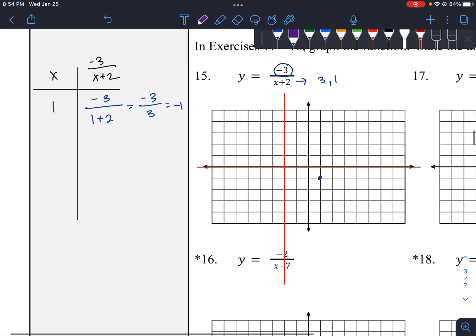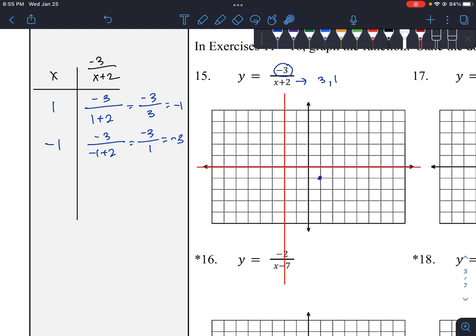So there you go. Now, another number that you might want to plug in could be negative 1. So if I plug in negative 1, I'd get negative 3 over negative 1 plus 2. That would be negative 3 over positive 1, so that's going to be negative 3.